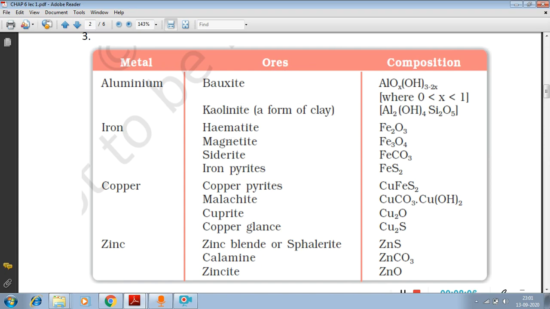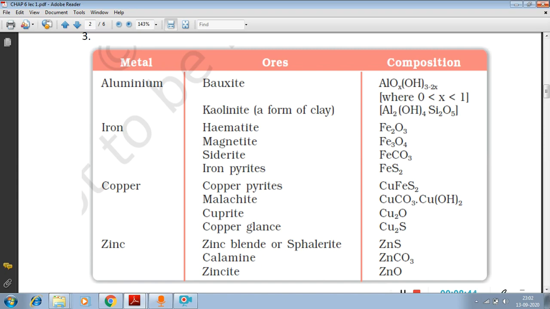Now iron has a total of 4 ores: hematite, magnetite, siderite and iron pyrites. From that, many times the formulas of siderite and iron pyrites are asked as MCQs in board exams. Hematite has formula Fe2O3, then magnetite Fe3O4, then siderite FeCO3, ferrous carbonate.